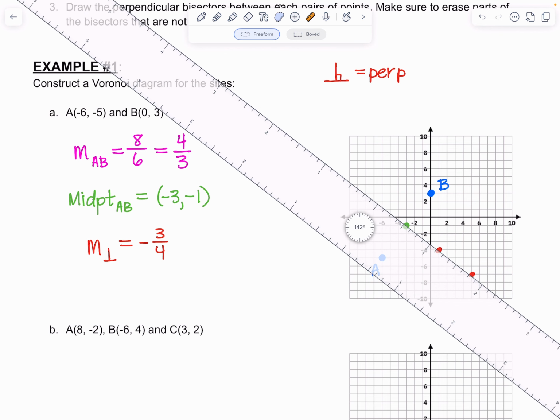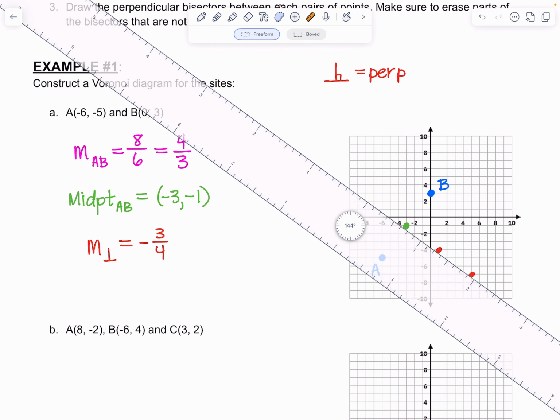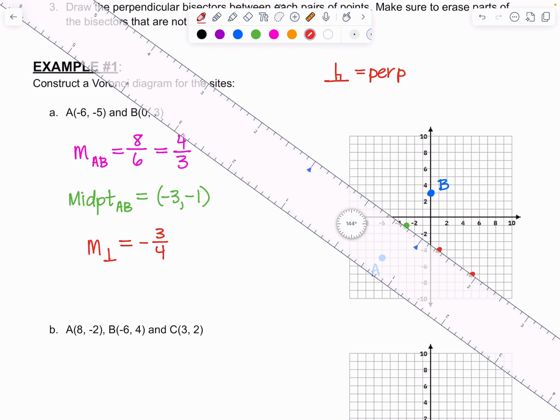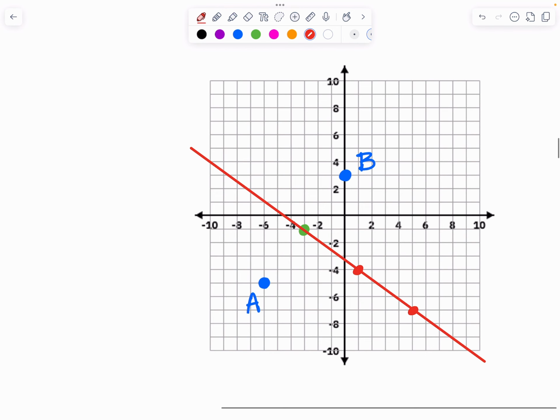All right, so as you can see, that's the Voronoi diagram.